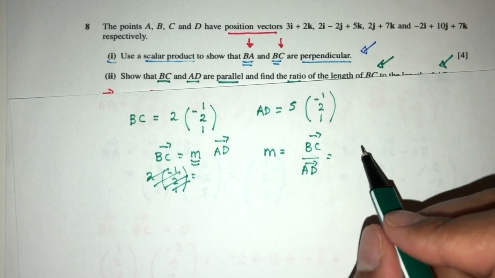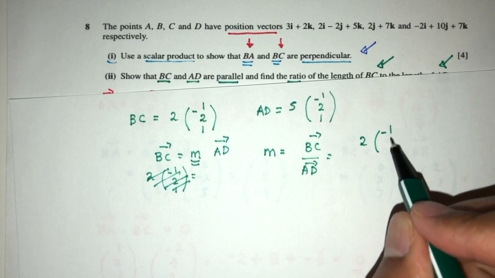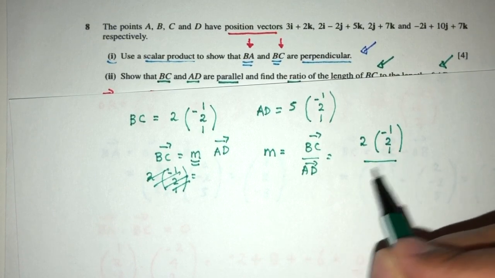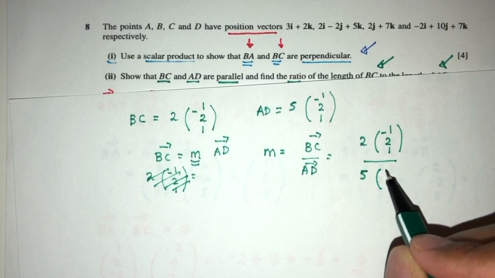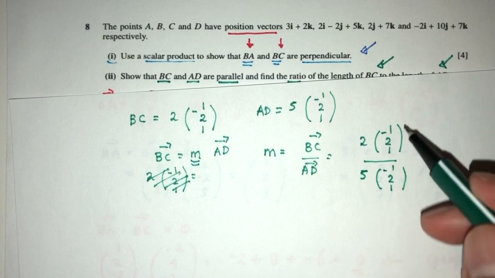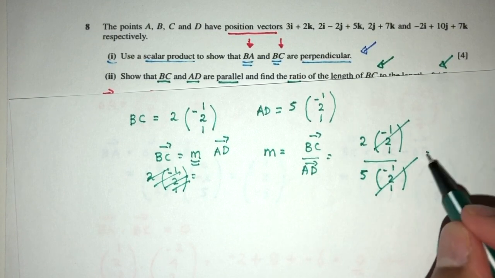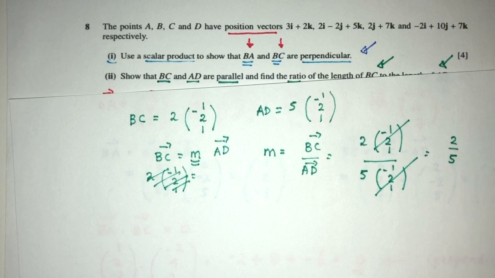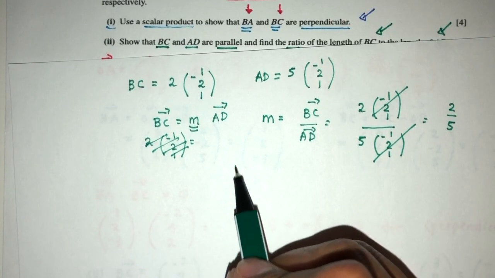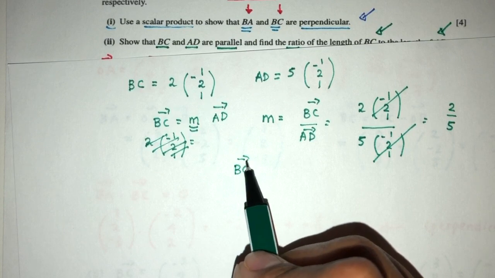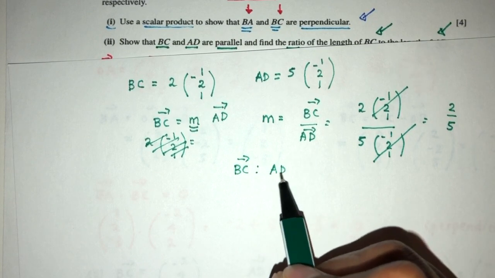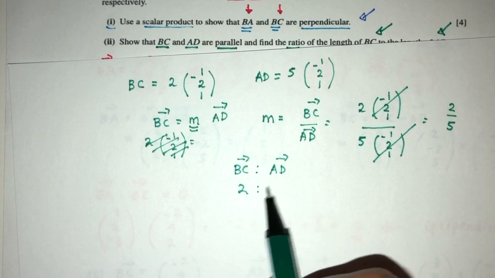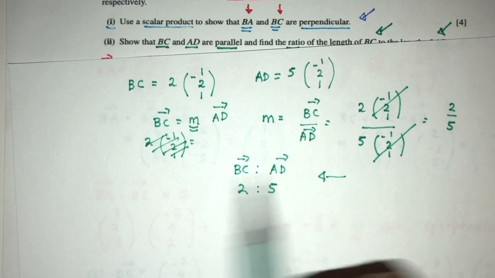Replace, you will have 2 times minus 1, 2, 1 divided by 5 times minus 1, 2, 1. This will cancel out. You will have 2 over 5. So you can see that the ratio of BC against AD has to be 2 to 5. And this is one way of doing this question.